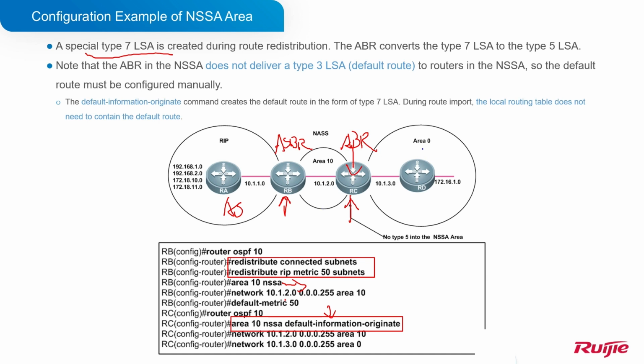And then area 0 or other inter-area devices can use this type 5 LSA to access the RIP AS. So this is the configuration of the NSSA area.